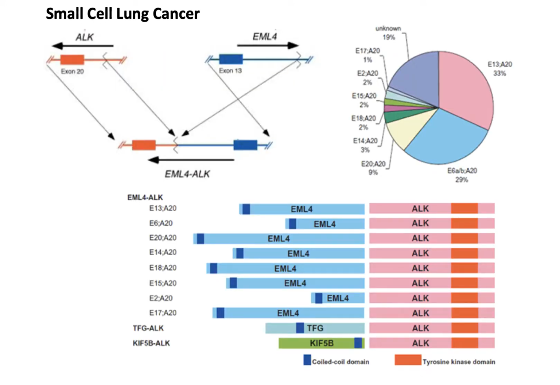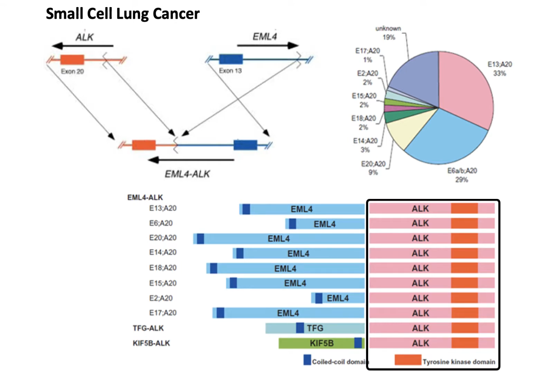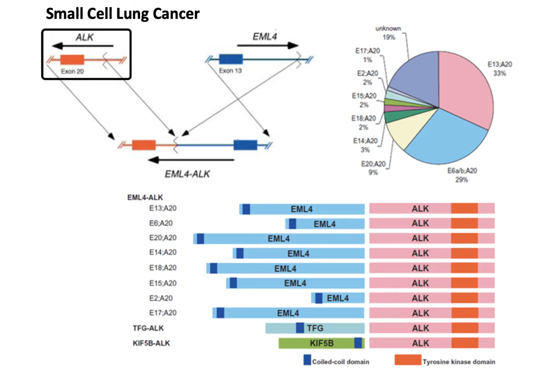The chromosomal translocations also affect other types of genes, and in this case, it's affecting a tyrosine kinase domain on one protein, the ALK gene. And so what's happening is normally this protein ALK phosphorylates different proteins, activating them.